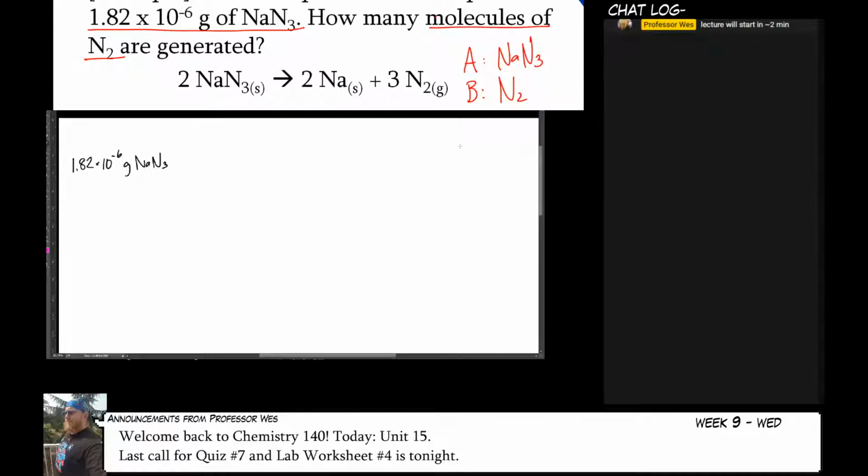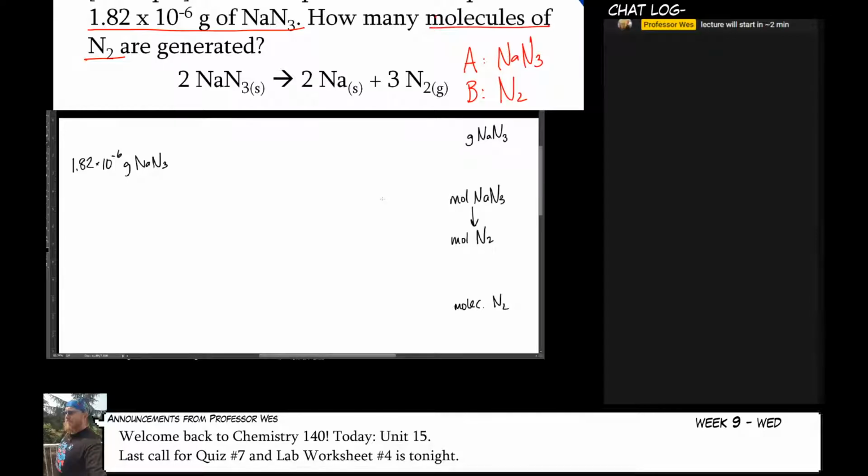So we're starting with a mass. And I want to find out how many molecules of nitrogen gas are generated from this. Now, I know that I can figure out the number of moles of sodium azide and turn that into the number of moles of nitrogen using the balanced chemical equation there.